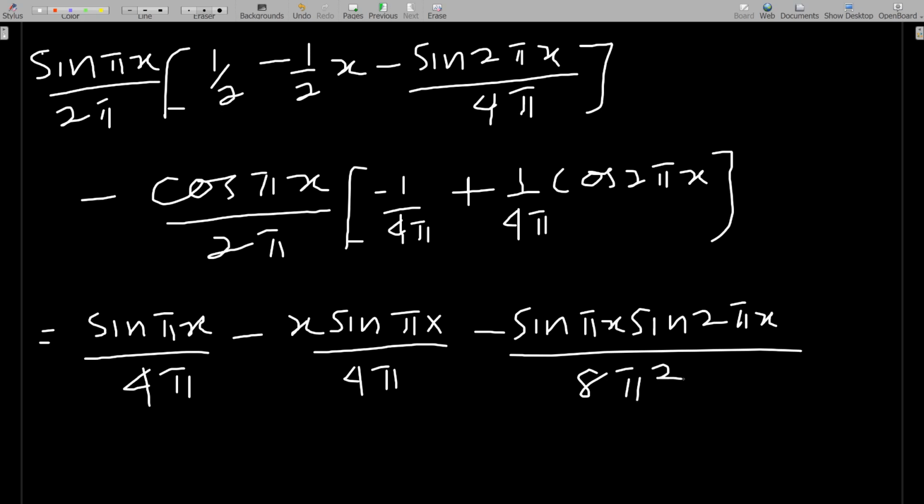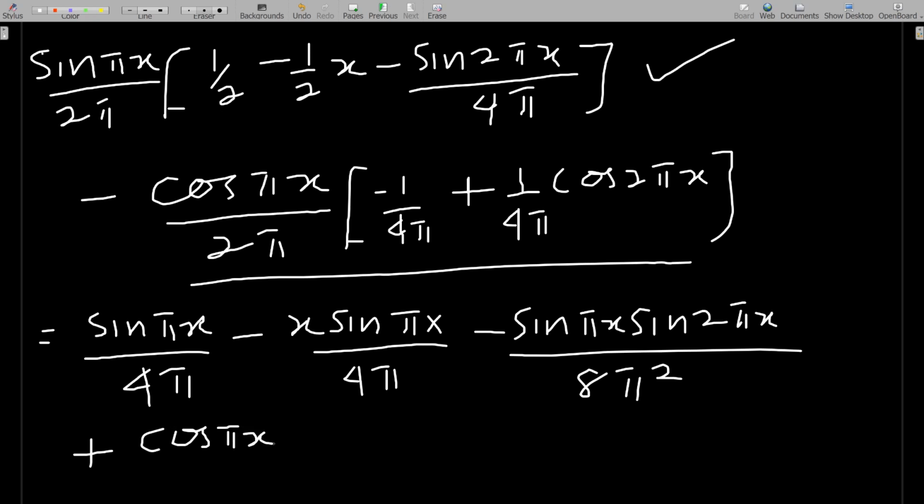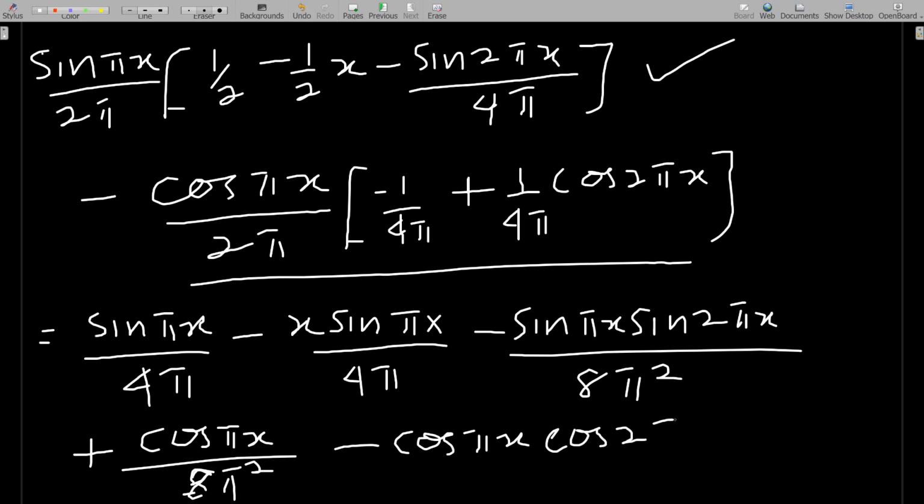Then minus the whole of this, so minus times minus gives plus cos pi x over 8 pi squared, then minus cos pi x cos 2 pi x over 8 pi squared.